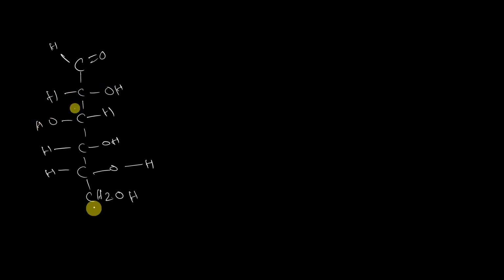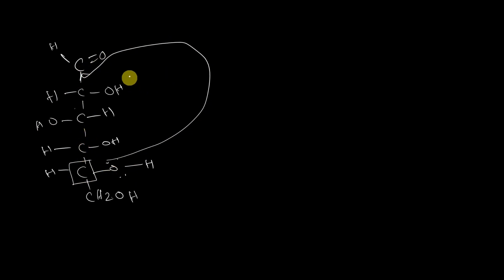Now what happens? The oxygen bonded to the second last carbon donates its lone pair of electrons to the carbonyl carbon, right? And the reaction takes place. The carbonyl oxygen pulls away the electrons and acquires a negative charge. The other oxygen has given out its two electrons, so it acquires a positive charge.